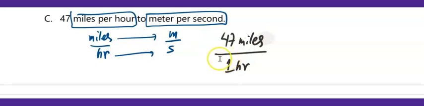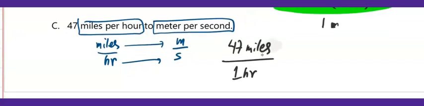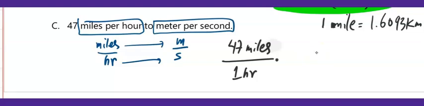You can write that. Now I want to change miles to meter. So I know 1 mile, again this chart is going to be provided to you, equals 1.6093 kilometer. So I just write the kilometer first, and I've got to change to meter later because I know 1000 meter equals 1 kilometer.